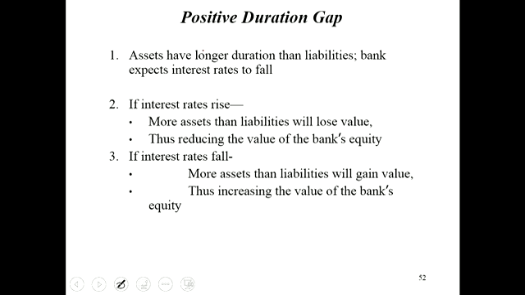Okay, so that's the point up here in words. If the assets have longer duration than liabilities, the bank expects interest rates to fall. Well, if you did this deliberately, you would expect interest rates to fall. Unfortunately, most of the time banks don't have any choice about that. This is simply the structure that you face as a bank.